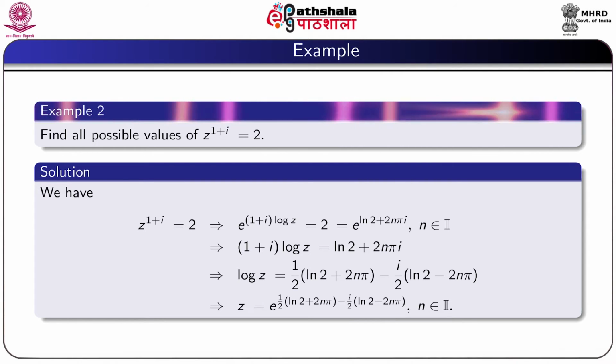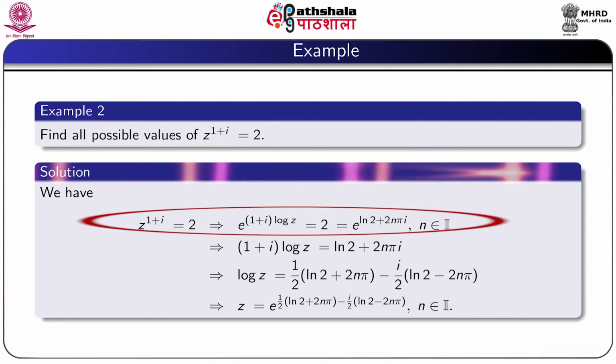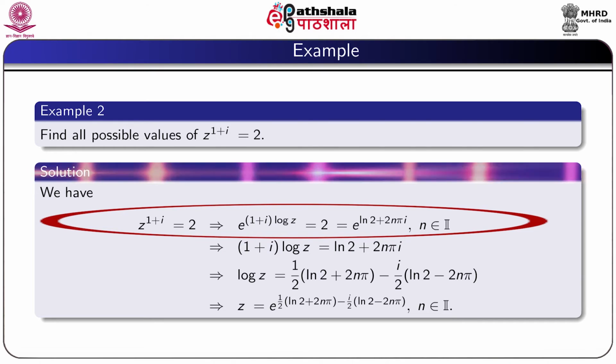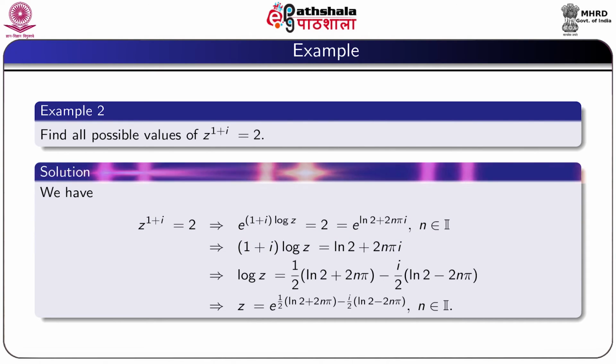We consider another example. Find all possible values of z such that z^(1 + i) equals 2. So, here z^(1 + i) = 2 implies e to the power (1 + i) log z equals 2, which equals e to the power (ln 2 + 2nπi), where n is any integer.